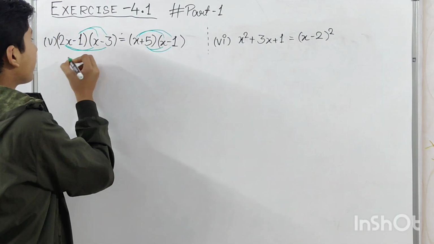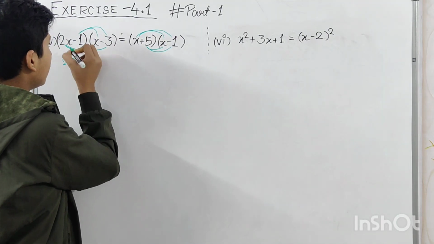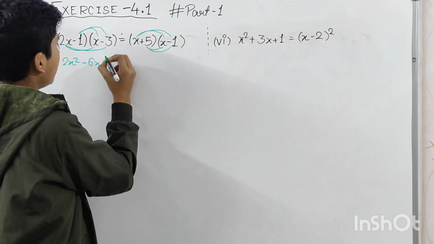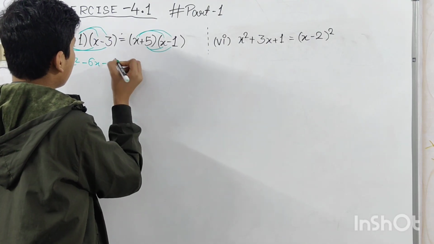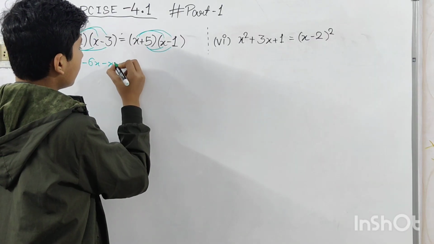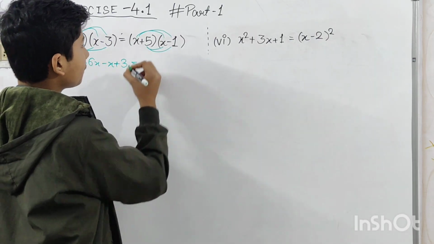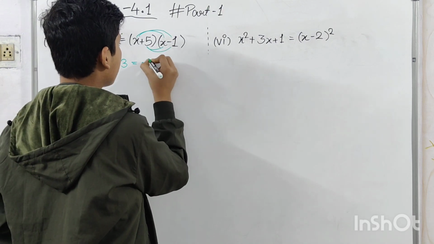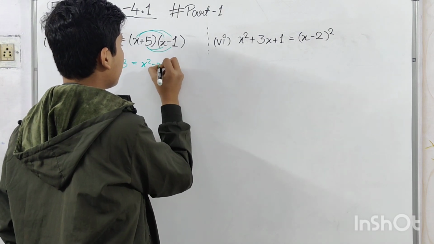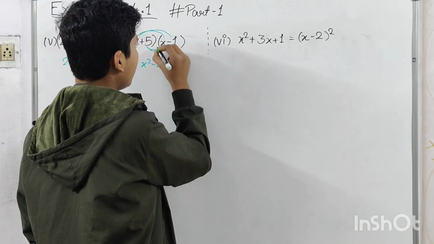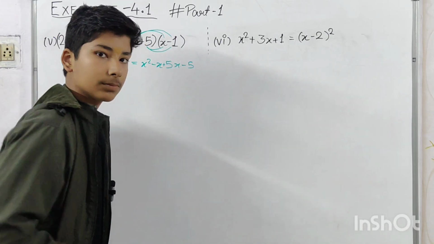Let's solve. 2x into x, 2x square, 2x into minus 3, minus 6x, minus 1 into x, minus x, minus 1 into minus 3, positive 3, equals to x into x, x square, x into minus 1, minus x, 5 into x, 5x, and 5 into minus 1, minus 5.